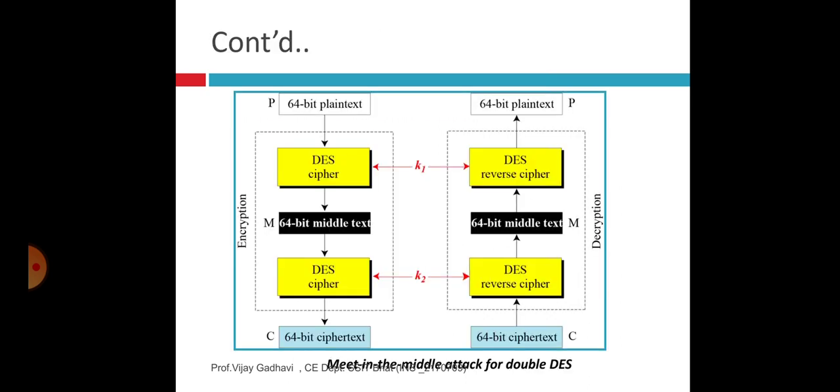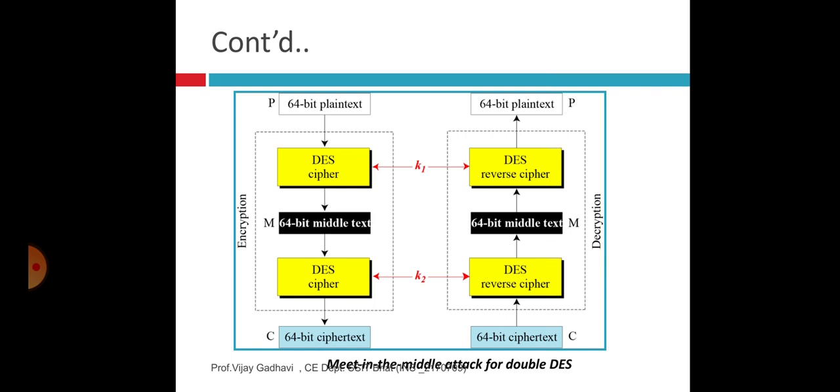Here we see in the diagram the meet-in-the-middle attack for double DES. We see encryption and decryption for a 64-bit plaintext, and we get a 64-bit ciphertext.